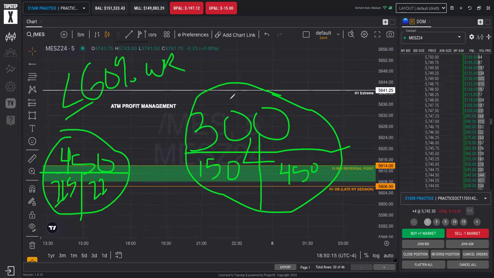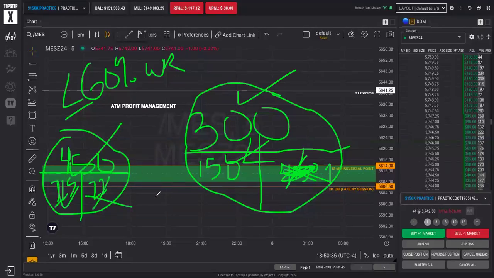So now look, 1, 2, and then you might lose the next one. Bam. So you lost that one. But then you go right back to it. 1, 2, lose. 1, 2, lose.